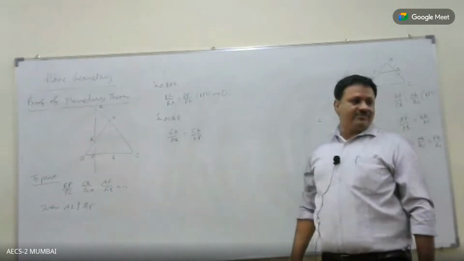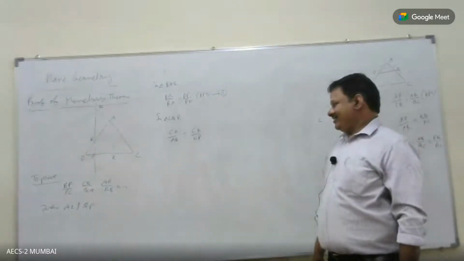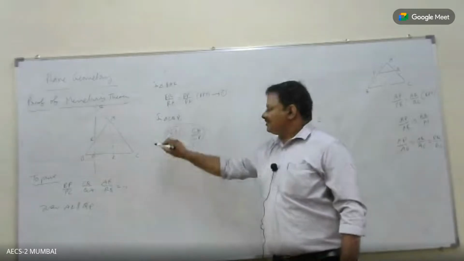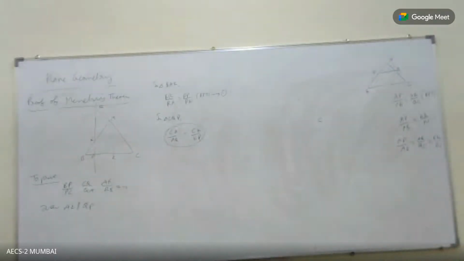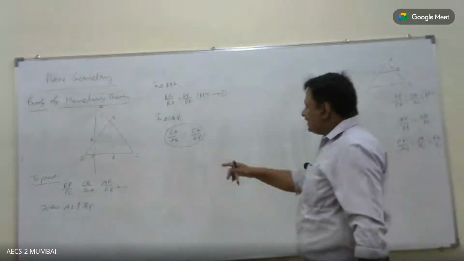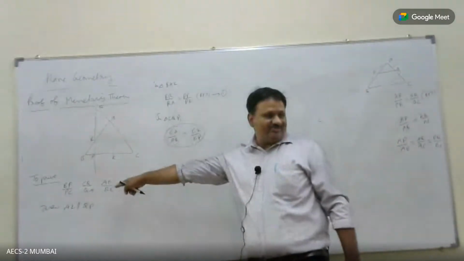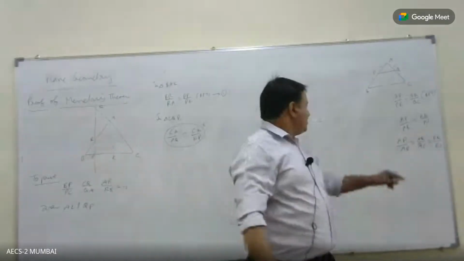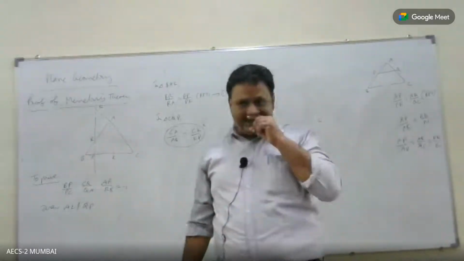But will it work for me? Why won't this work? Because I am getting a term which is not there, what I want. So I will not directly use BPT. Out of these two versions, which one will be handy?